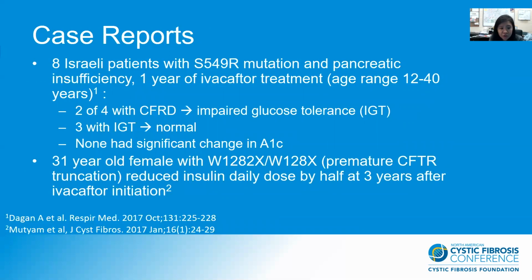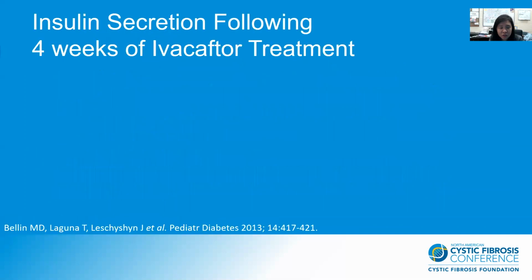And a 31-year-old female with a CFTR premature termination mutation was able to reduce her daily insulin dose by half at 3 years after ivacaftor initiation. So all very interesting case reports, and I think also important to keep in mind that there are some patients who will also spontaneously revert back and forth between different states of dysglycemia. So important to look at further studies as well.